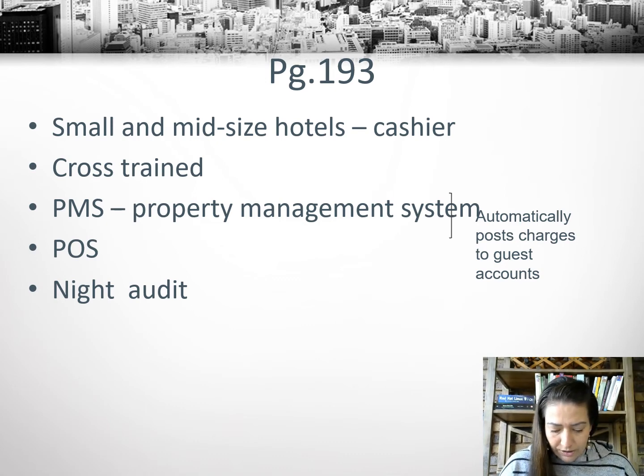So with the centralized system, when a guest buys something, it automatically posts charges to their guest account. Whether they have a drink at the bar or a meal at a restaurant, it automatically links it. If they have something from the minibar, their room bill, everything is on the property management system.